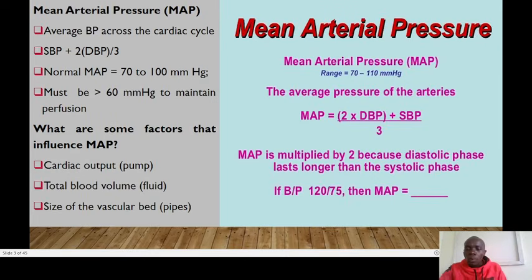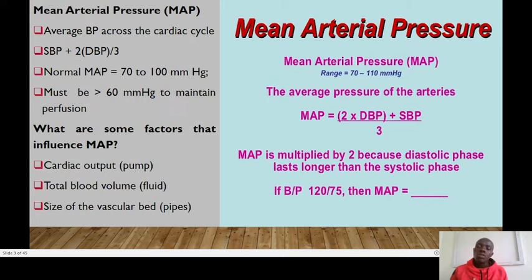Okay, before we proceed, we have to look at one key term here, the mean arterial pressure. The mean arterial pressure is simply the average BP across a cardiac cycle. And we normally calculate it by multiplying the diastolic blood pressure by 2, then you add the systolic pressure and finally divide the sum by 3.